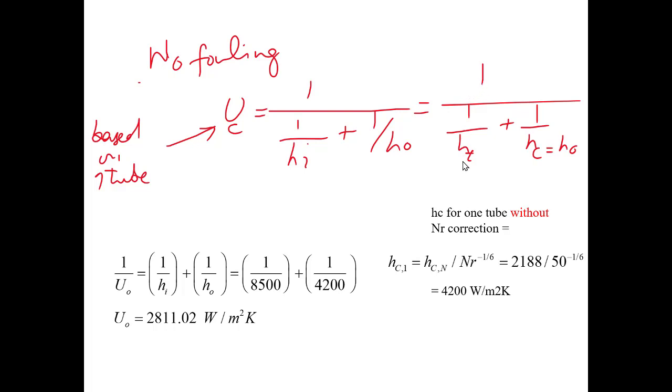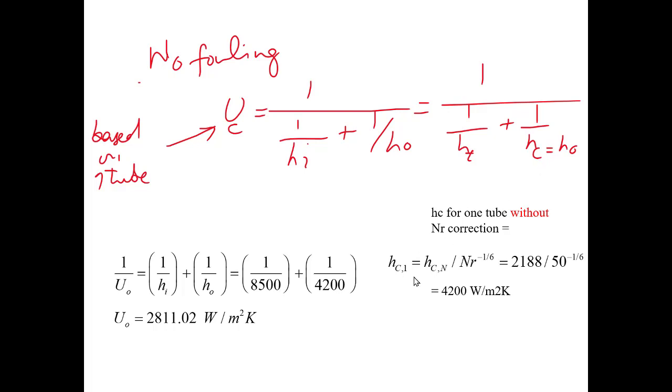Hi is the tube side heat transfer coefficient, and we have the value given in the question. For Ho, the outside heat transfer coefficient, we calculated it using the heat transfer coefficient for condensation. In the previous part, we calculated the heat transfer coefficient for the whole tube bundle, but because we are calculating Uc based on one tube, we have to convert this Hc for the whole bundle to a one-tube based calculation.